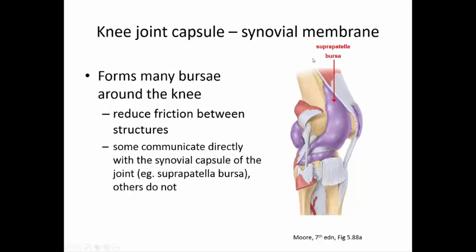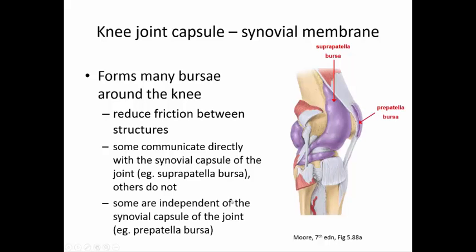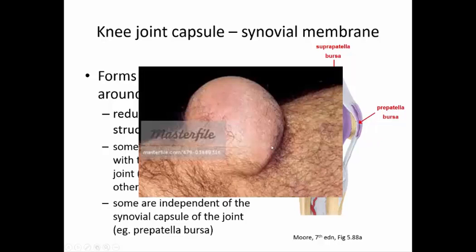Some of these are continuous with or communicate directly with the synovial capsule, so the suprapatellar bursa, for instance, while others don't have any contact with this at all and are completely independent, such as the prepatellar bursa. Shown here is a picture of bursitis. So if someone had a job where they spent a lot of time kneeling, plumbers for instance, they might get an inflammation in the bursa, and that would be a swollen, painful condition.